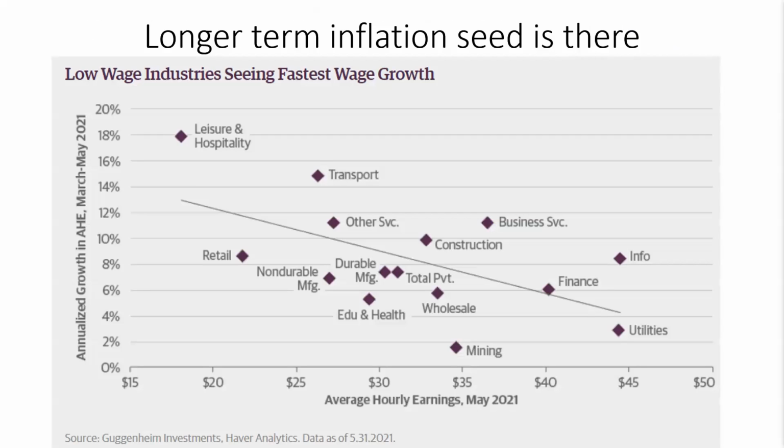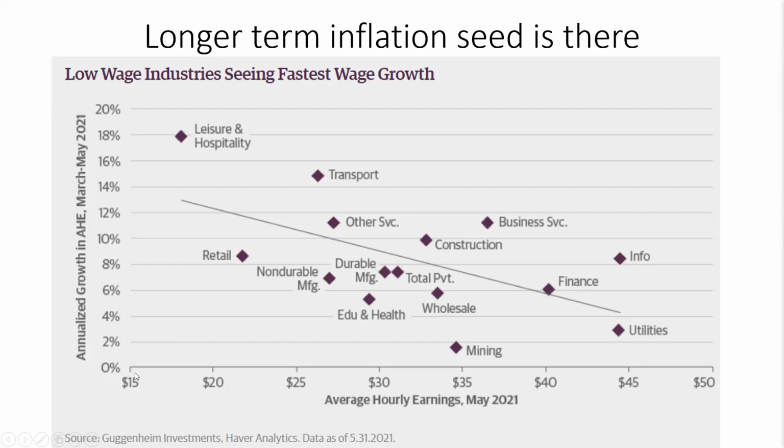And going into employment again, low wage industries see the fastest wage growth. The reason, and I'll get to that a little bit later, is that fiscal stimulus. Now small businesses have to compete with a fiscal stimulus check in order to hire workers. On the x-axis, this is the annual growth in average hourly earnings from March to May, so essentially the start of the reopening.